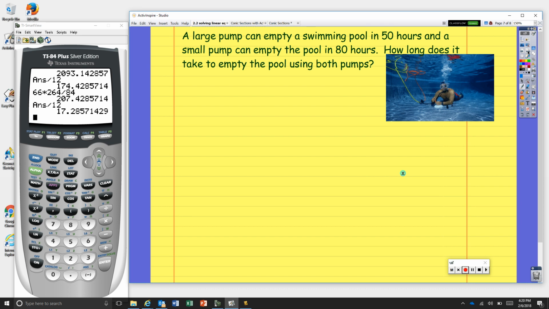So this is work because those pumps are working. So we take work rate times time equals work done. So I have a large pump and I have a small pump.